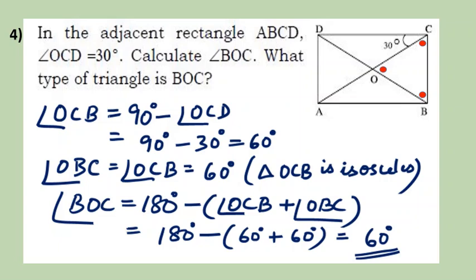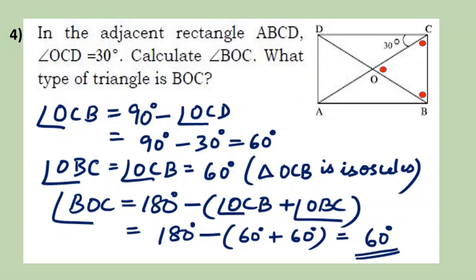Each triangle, OBC, OAB, ODA, OCD, is isosceles. When an isosceles triangle is there, the base angles are equal. So OBC is also 60 degrees, just like OCB.